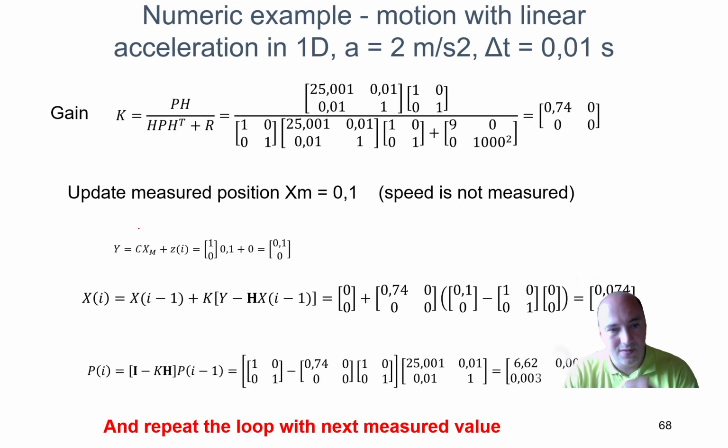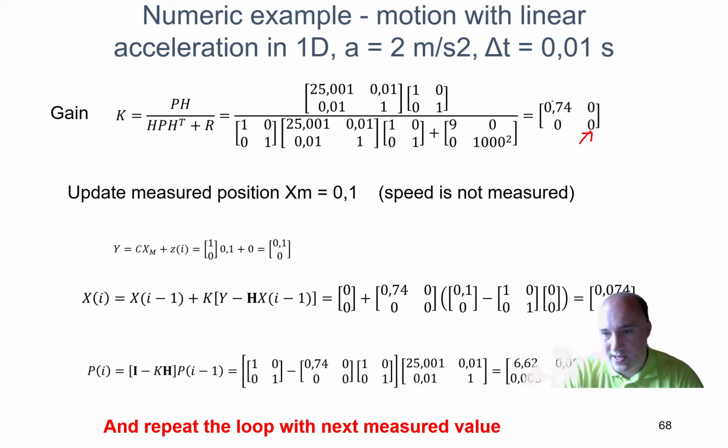Now I need to calculate the gain, and we've done that. Here we see the gain, and here is my 0.74 number, and here is the 0. This 0 tells me that I have no confidence at all in the speed measurement because I'm not doing it.